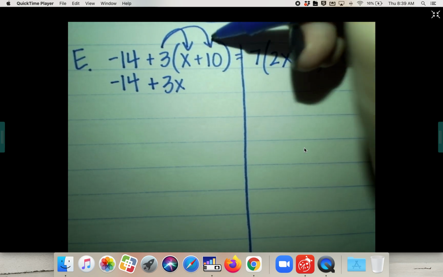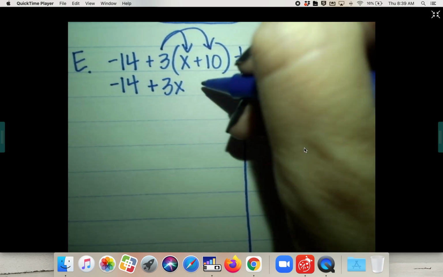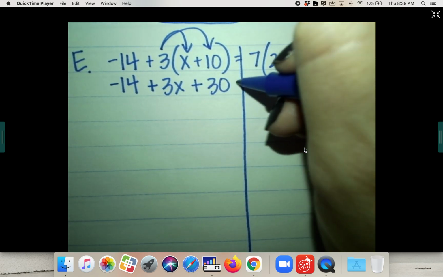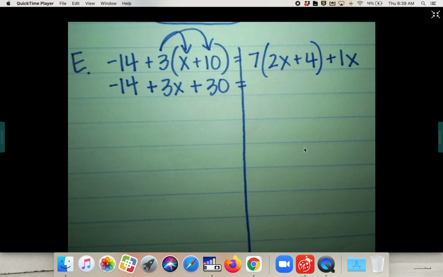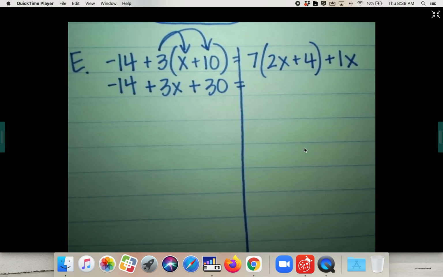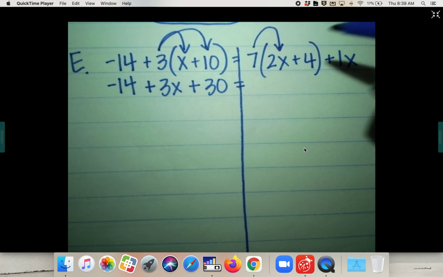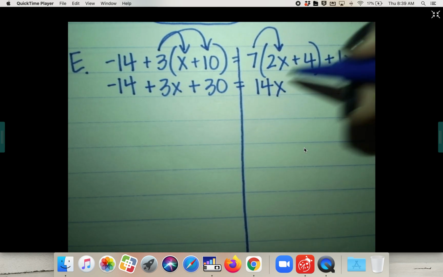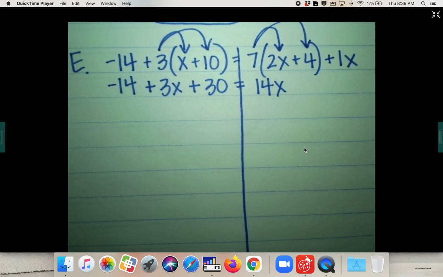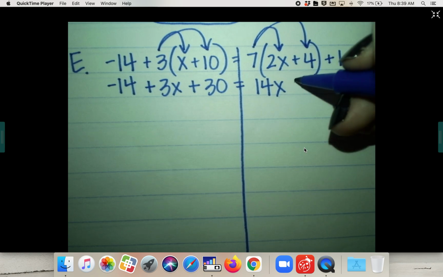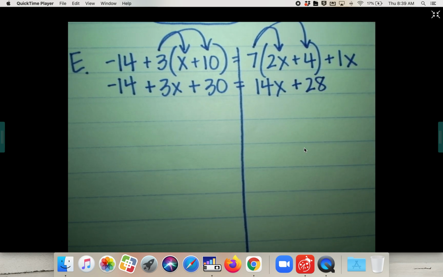The 3 times 10 is 30, and it's positive, so put a plus 30. On the right, let's distribute the 7. 7 times 2x is 14x. 7 times 4 is 28, so put plus 28. And then we're not distributing to the 1x. It was outside the parentheses, so just plus 1x comes straight down.